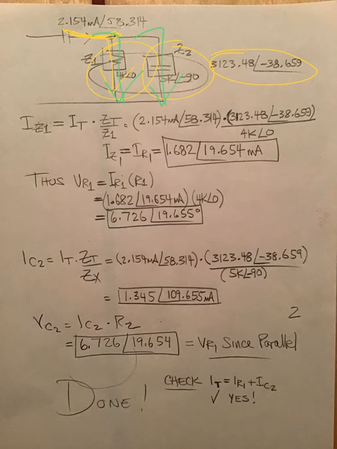Now that's a parallel circuit, and I want to be more creative in this attempt, and I want to use current divider to do it. And current divider is IT times ZT divided by the impedance you're trying to find the current through.